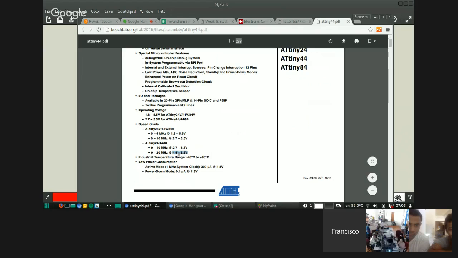So less than that. If you use the USB port of your computer for getting the power, the normal USB computer port has 500 milliamperes, so you can power a lot of things from there. This is 5 volts. So this is good for using the USB.